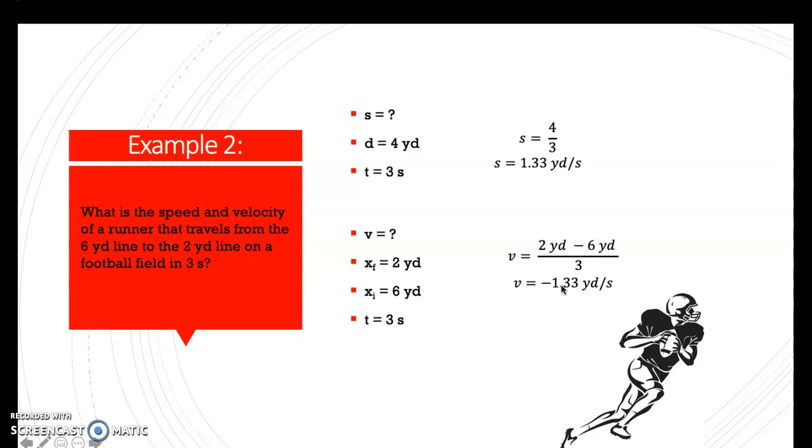So I end up with a negative 1.33 yards per second as my final velocity. So the magnitude of them is the same because, again, my person only traveled in one direction. However, there is a sign difference because velocity pays attention to the direction. So this tells me that the runner ran backwards at a rate of 1.33 yards per second.